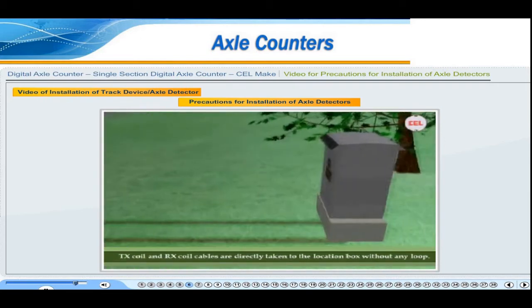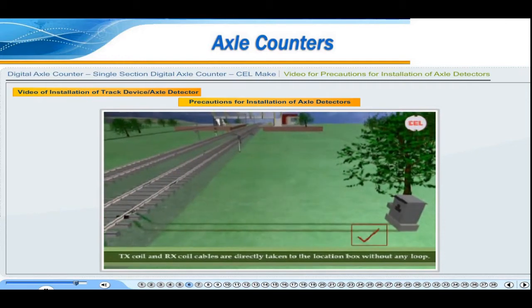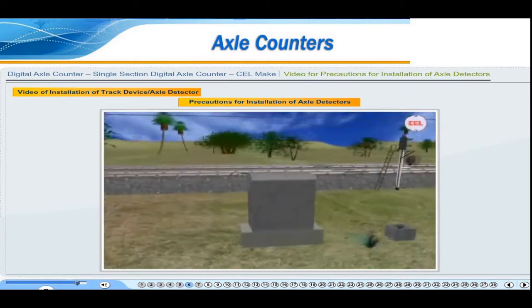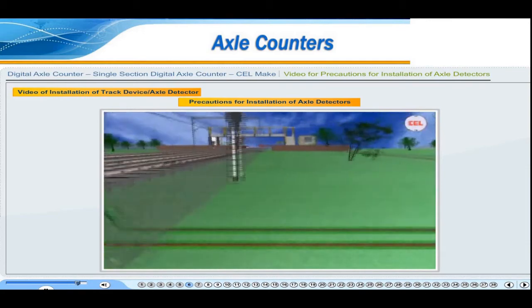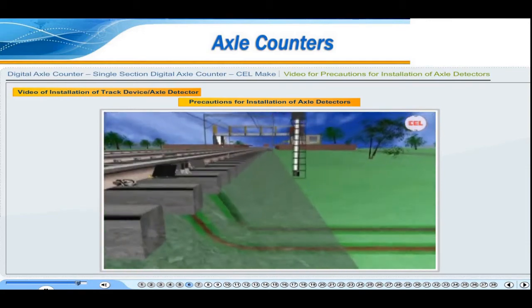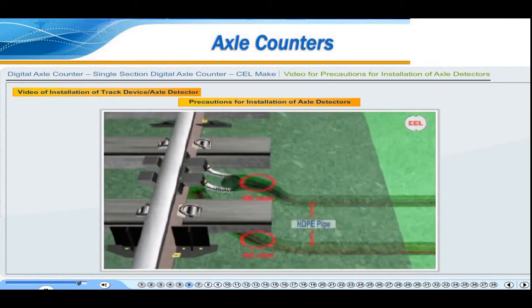Ensure that these TX coil and RX coil cables are directly taken to the location box without forming any loop. Number 8. Ensure that these cables are laid in high density polyethylene, that is HDPE pipes of 40 mm in diameter for the safety of cables.